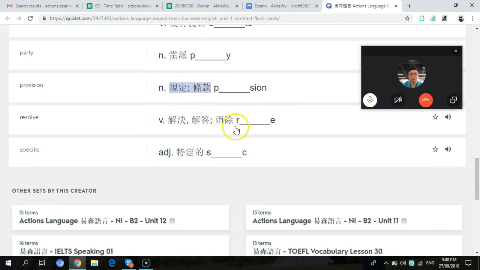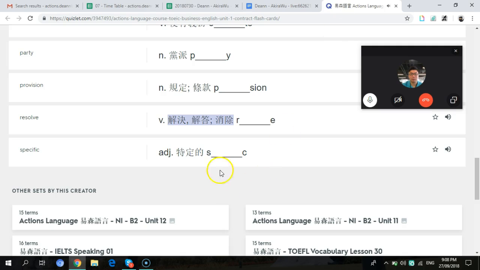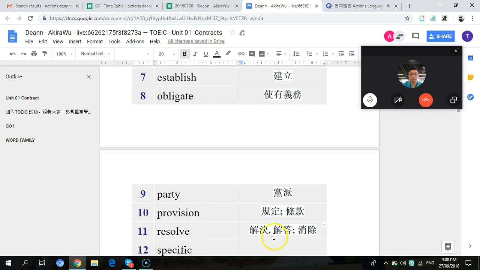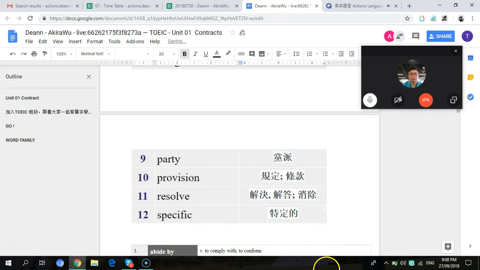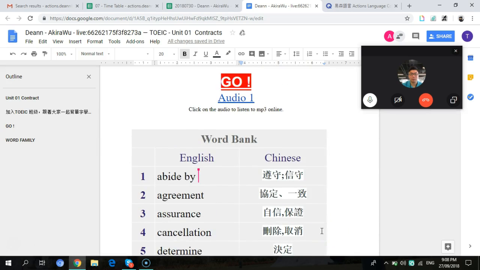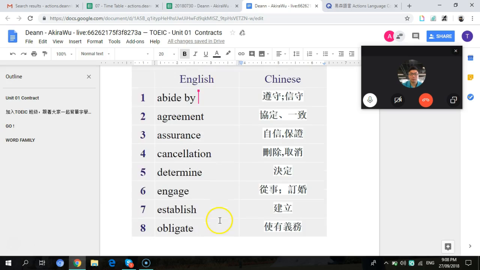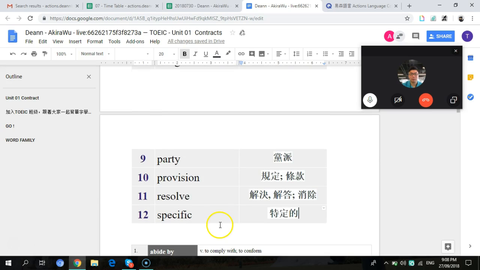Pardon if you can hear some English and Chinese audio as the feedback. Okay, and the last one will be this one. So we have here the words abide by, agreement, assurance, cancellation, determine, engage, establish, obligate, party, provision, resolve, and specific.